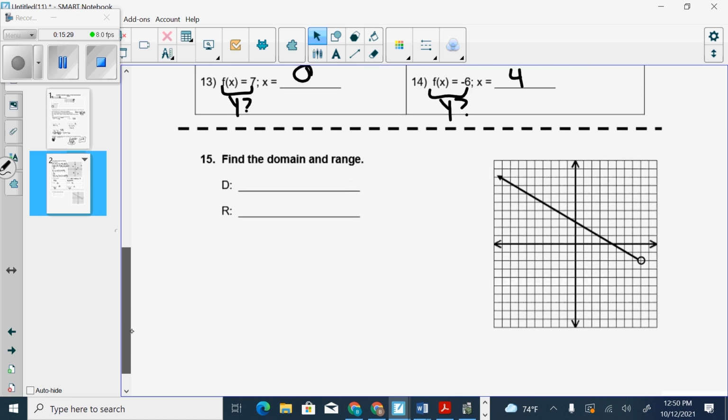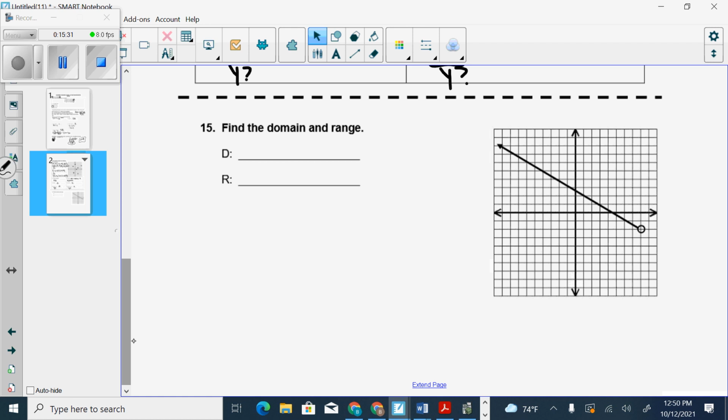Last one. They want us to write the domain and the range. Again, you told me domain is my x values. Is this thing ever going to stop going to the right? Yes. Where does it stop? 8, right? An x value of 8.